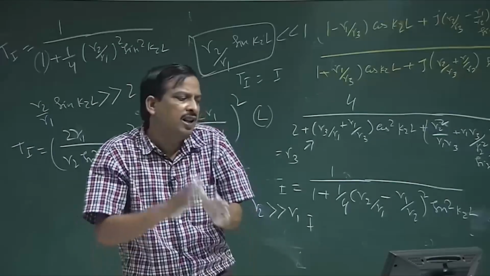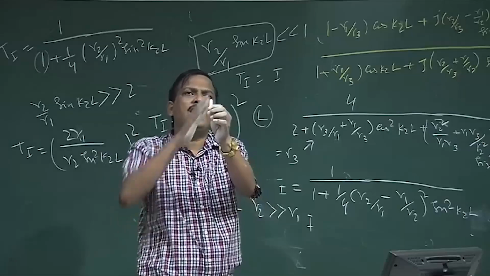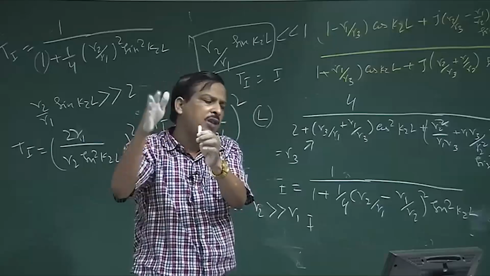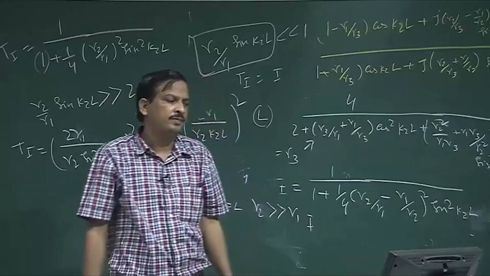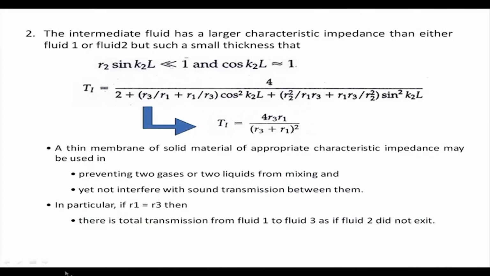So with a thin membrane, I can separate the two fluids, but it does not affect the sound transmission. The intermediate layer has a larger characteristic impedance than fluid one, but small L, so it is okay.